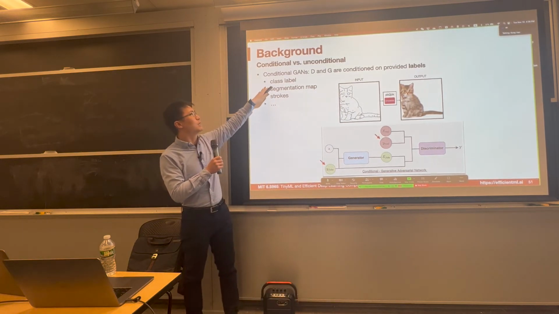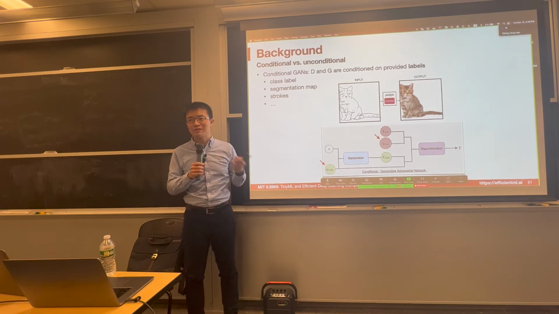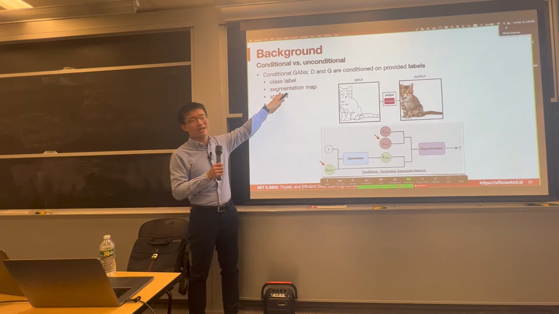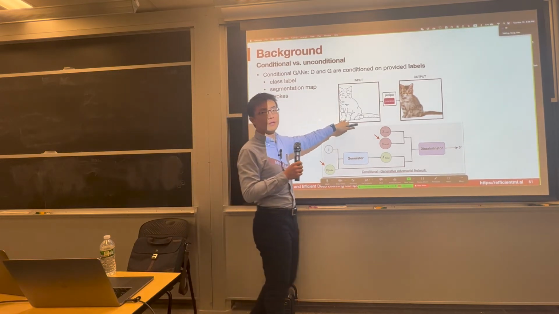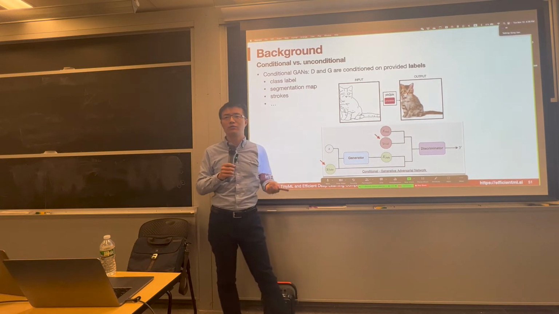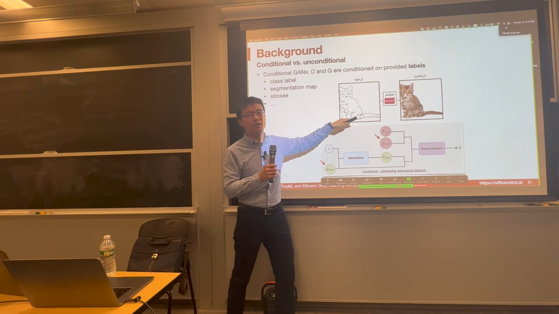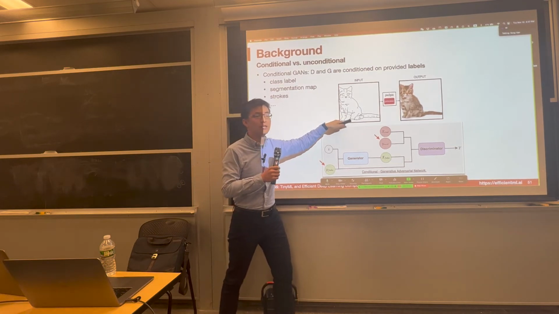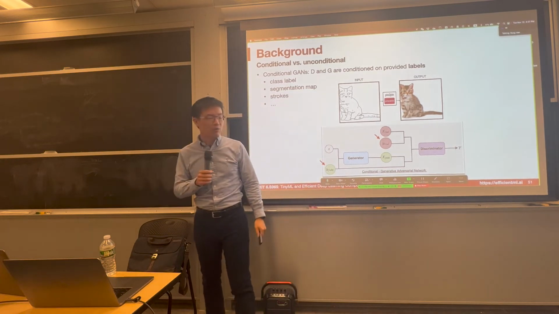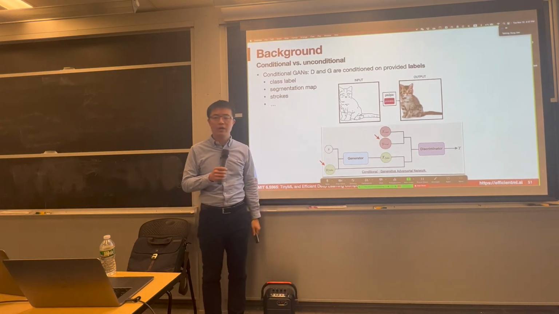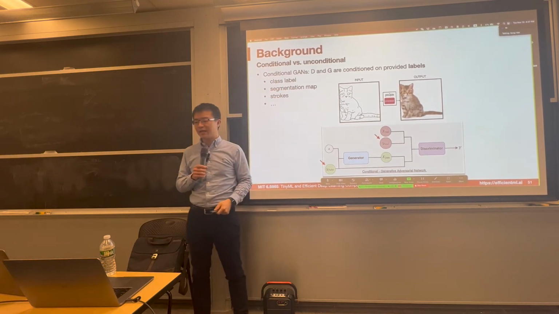For example, it could be the class label, telling the generator to only generate some cats, or some segmentation map, or some strokes. Like this one, we are feeding it with some strokes. This is telling it: conditioned on this input, generate me some outputs, right? So here we are not only feeding it the noise, but also some label. The label could be the stroke, segmentation map, or the class label.